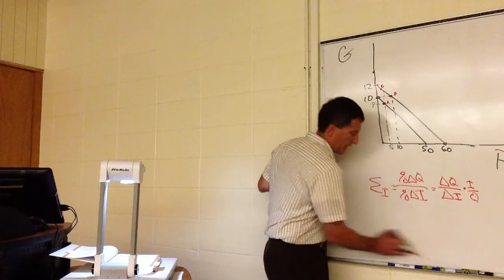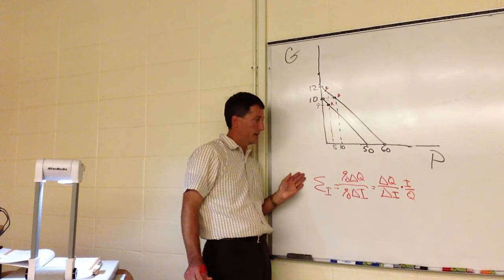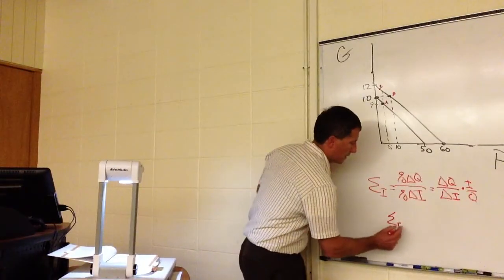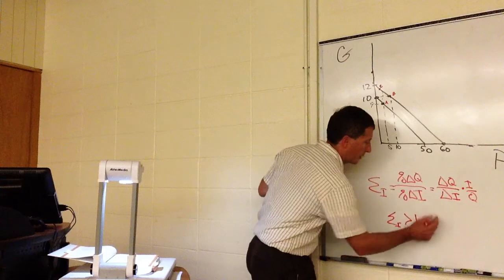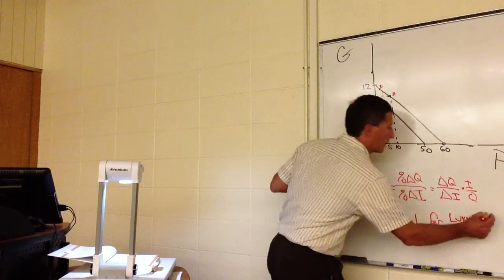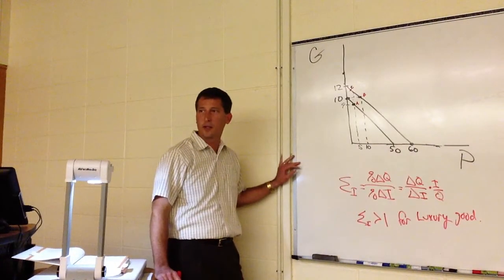Okay, well that's all fine and dandy. To make it a luxury good, it needs to be greater than 1. So the income elasticity is greater than 1 for a luxury good. I'm not going to calculate it for this problem. We're going to move on to the next one.